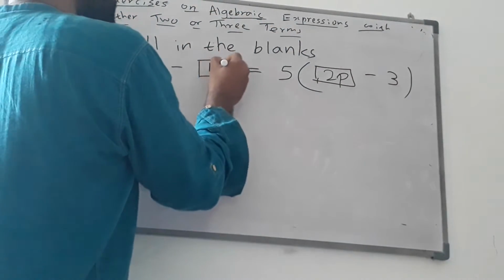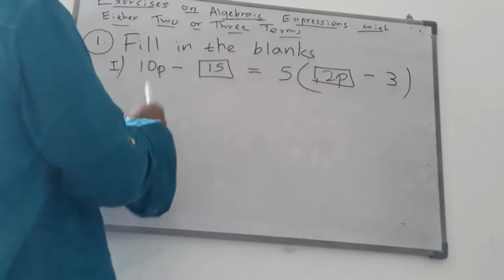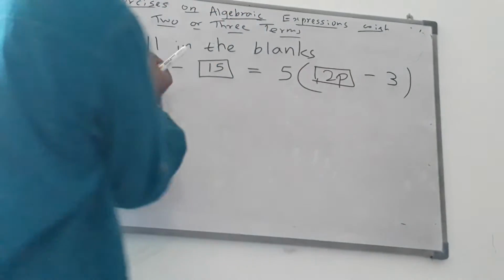Minus mark is here. So this must be 15. Again, 10p means 5 times something. We know 10 means 5 times 2, and 10 times p means 10p. So this must be 2p.